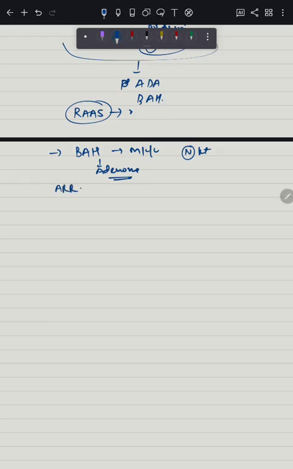Then we have confirmatory tests: saline infusion, fludrocortisone suppression test, and captopril challenge test. Then we have localization for the adrenal with CT and MRI. Always remember to distinguish whether this is a unilateral or bilateral condition, because CT often misses this. So you use adrenal venous sampling. It is the gold standard investigation to distinguish between unilateral versus bilateral disease.